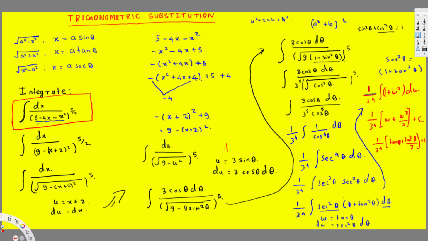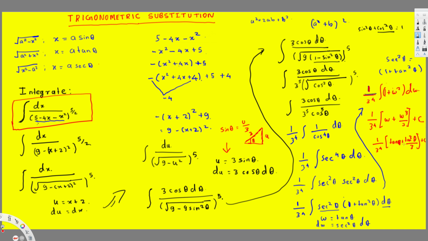I can rearrange this as sin theta is equal to u over 3. Let's draw a triangle right here, with theta right here. Sine is opposite over hypotenuse: u is opposite, 3 is hypotenuse.